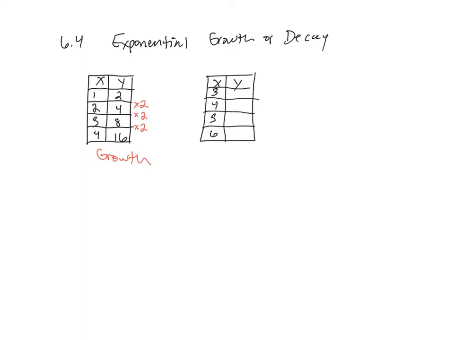If I had, okay, the numbers are going down, so it's either decay or it could be nothing. And so exponential growth and decay, remember the pattern has to be multiply or divide, so I don't even care about anything that's being added or subtracted. I don't even want to look at that.